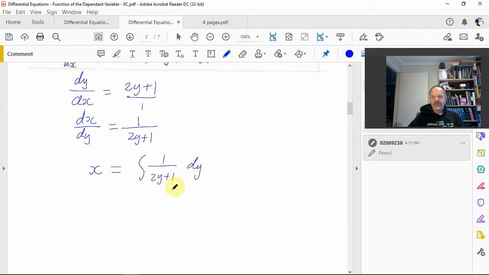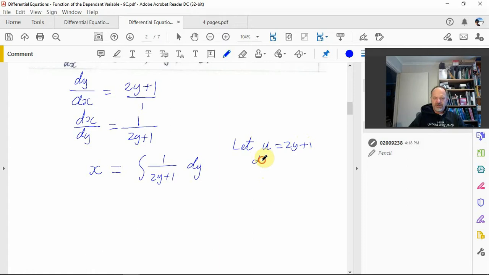Then we need to do a substitution, so let's let 2y plus 1 equal u, and I've written that backwards, let me write it the other way around. Let u equal 2y plus 1.